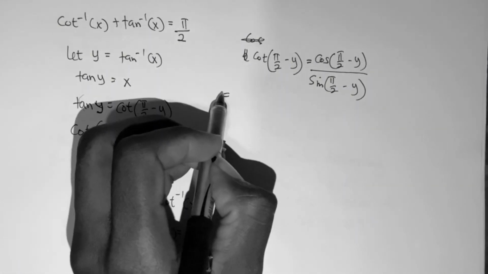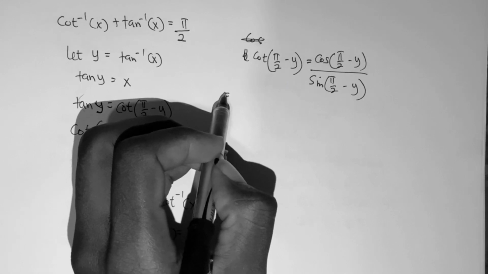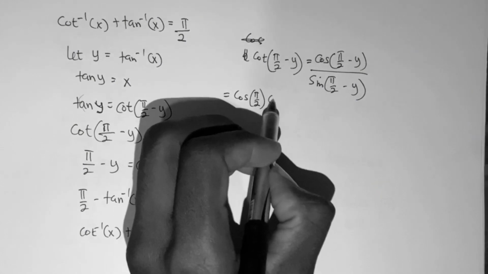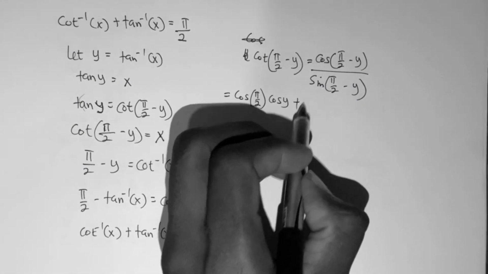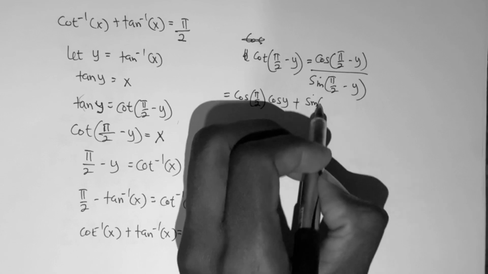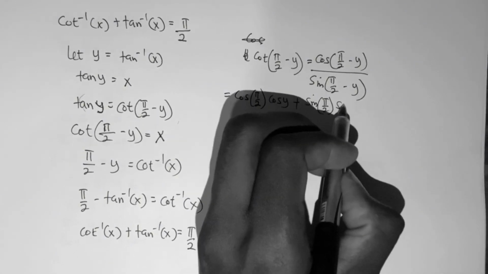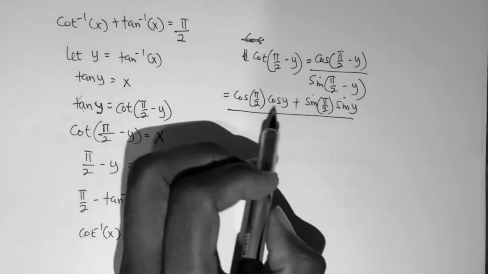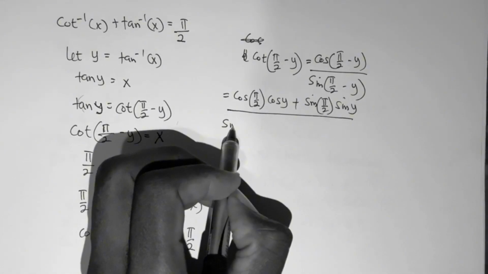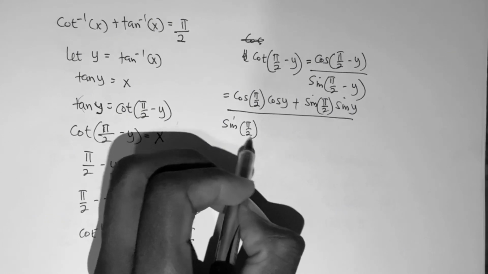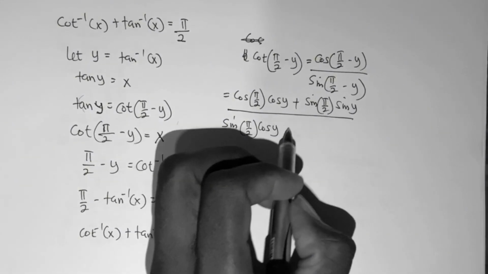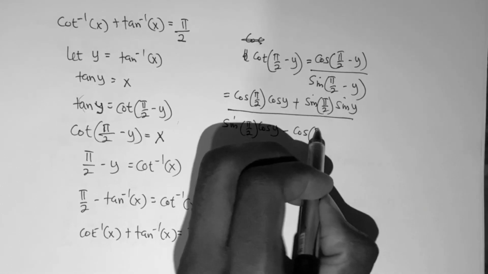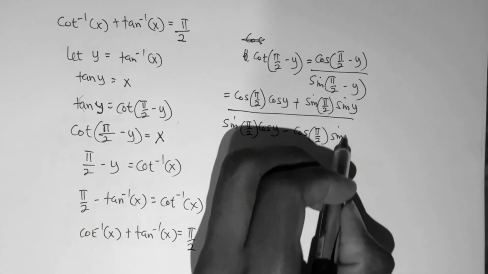Now, cos of (pi over 2 minus y) is the same as cos pi over 2 cos y plus sine pi over 2 sine y, divided by sine pi over 2 cos y minus cos pi over 2 sine y.